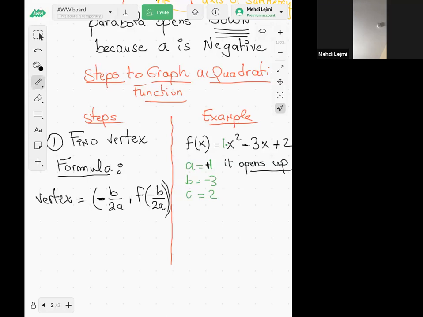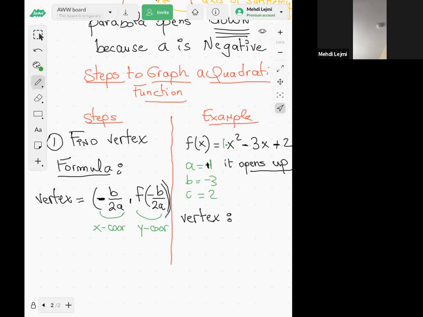So here in our example, the vertex is going to be, so this is point notation. This is your x coordinate, and this is, of course, your y coordinate.